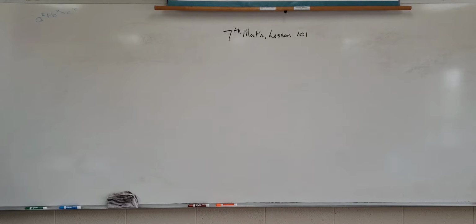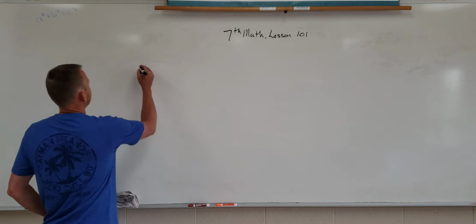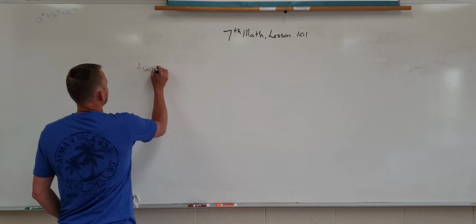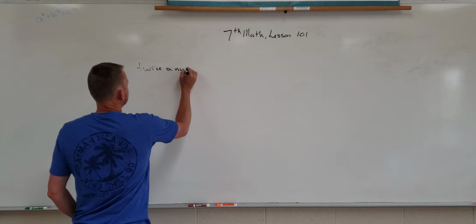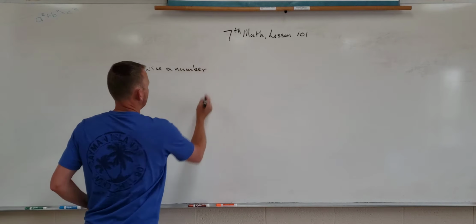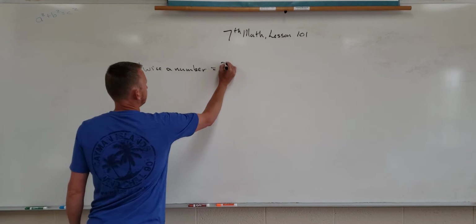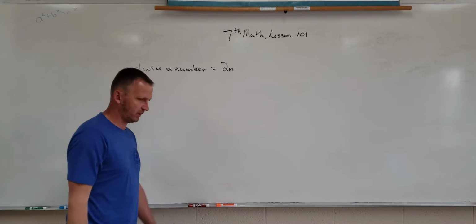All right, lesson 101. Translating expressions into equations. We are on page 703. If you look at the bottom of 703, it starts with some phrases such as twice a number. We are turning these into equations.